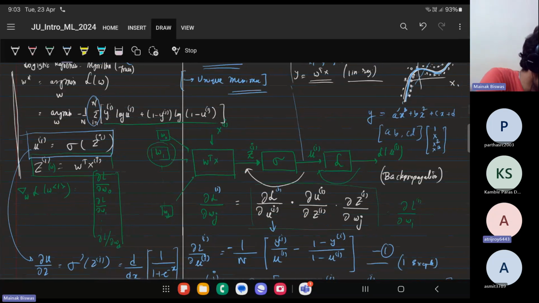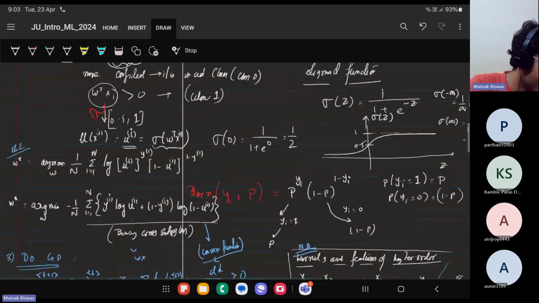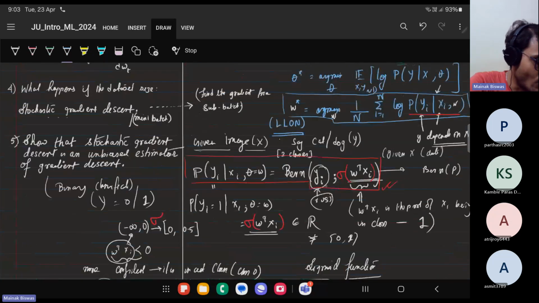Just check this equation. These are all i's, right? These are all i's: yi, mu i. These are all for one example. Bernoulli, yi, w transpose xi. Again, I have slowly made an error in notation.